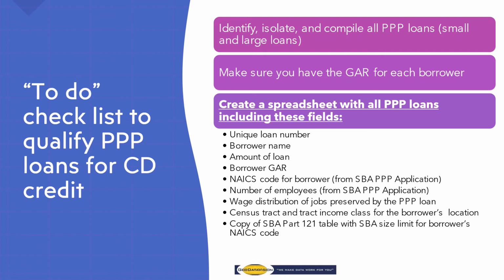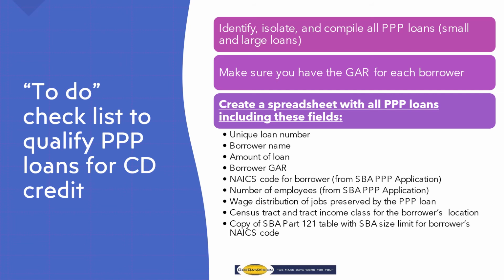And the GAR, the gross annual revenue code, is very important in that determination. Then create a spreadsheet with all the PPP loans, including these fields below: a unique loan number, a borrower name, the amount of the loan, the gross annual revenue of the borrower, the NAICS code for the borrower, which is on the SBA PPP application, the number of employees, again on the SBA PPP application, the wage distribution of jobs preserved by the PPP loan.